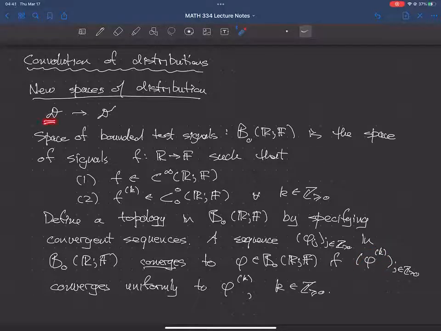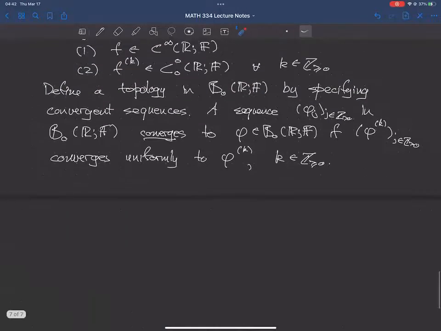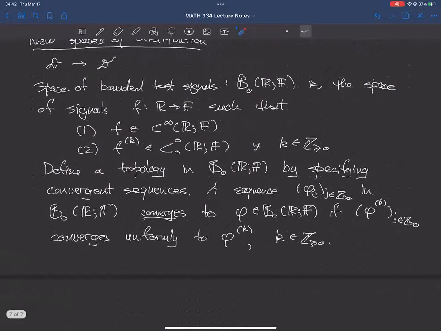The reason that we did that was because in D, we wanted to be able to include, as special cases, all locally integrable signals. That forced us to have a notion of convergence in D like we did. Here we have a different objective, and we therefore require a different kind of convergence. And the convergence, like I said, is uniform convergence of all derivatives on all of R.